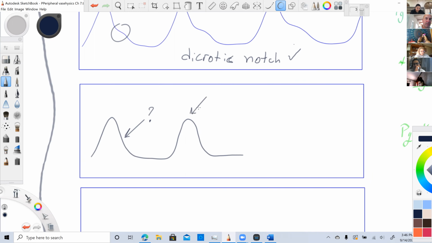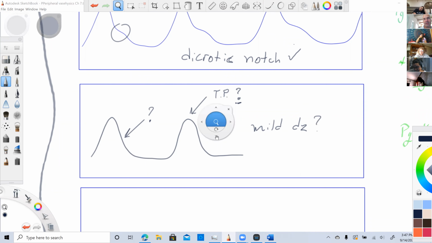Perhaps tardus parvus at the top, not quite as sharp, although I'm definitely going to put a question mark on that one. But here, let's draw the next one. We'll call this mild disease. I'm still going to put a question mark because maybe our cuff isn't quite right.